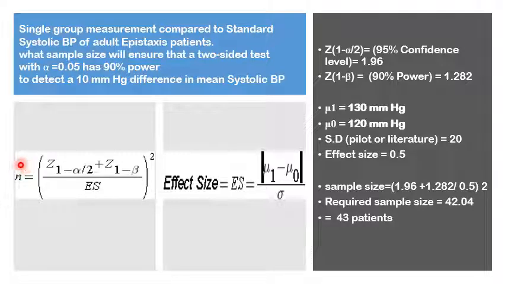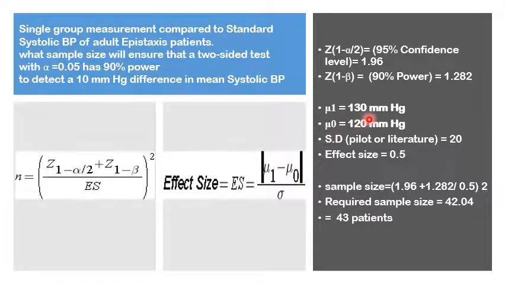And for this, we need the required sample size, which depends on the three factors: the level of confidence here, 95% again, and the power of the study. Here we have chosen 90% power, which translates to a z-score of 1.28. So we plug this here as well, divided by the effect size. Now, how can we measure the effect size? With a single group, we subtract the average of our group from the known standard.